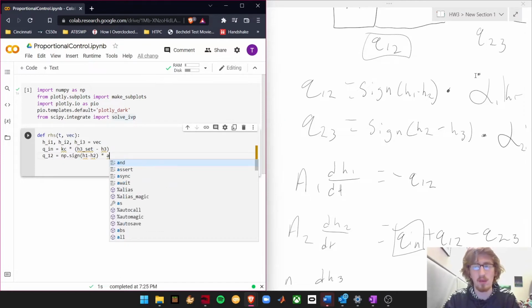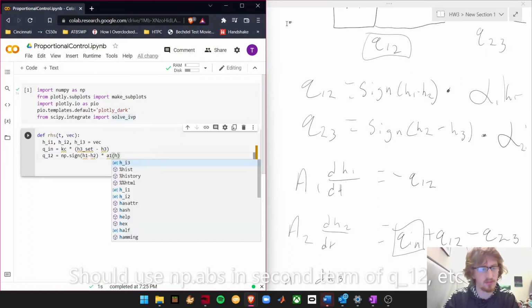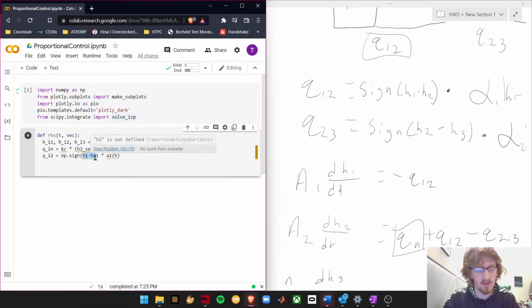Like I said, we could use one alpha for all these, because in this specific problem we're just going to be using the same alpha. But I'll say our alpha 1 times the difference in these heights again, but this time it's going to be the absolute value of the difference in the heights, again so we avoid having a negative sign within this term, and then raised to the 1/2.